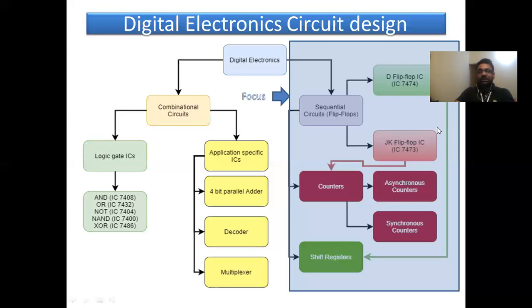That means for negative edge trigger clock, if the Q bar is connected to the subsequent JK flip-flop clock, then it will work like a down counter. Similarly, if it is a positive edge trigger, then Q bar connected to the subsequent clock will be your up counter. These are the theoretical concepts which we have seen in the laboratory, and the same thing we are going to do in this Tinkercad session.